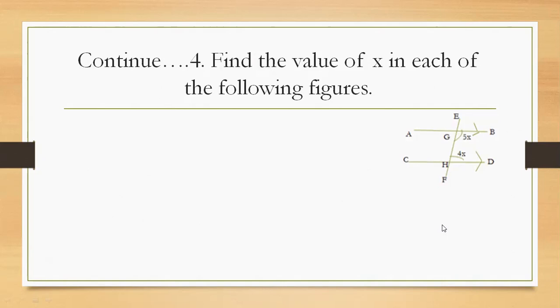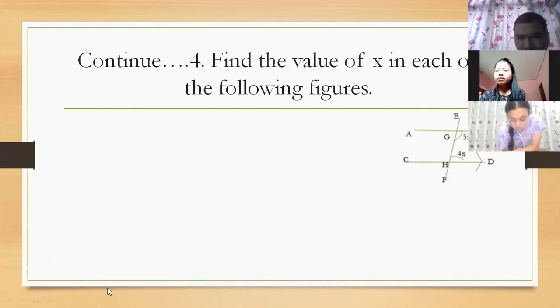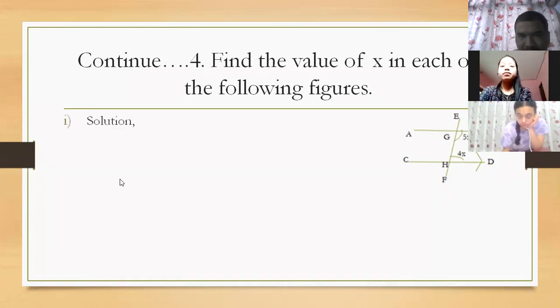Do you have any difficulties here? Children, are you looking at the screen? Sarita, understood or not? We have to add these two angles and their sum will be 180 degrees, being co-interior angles.